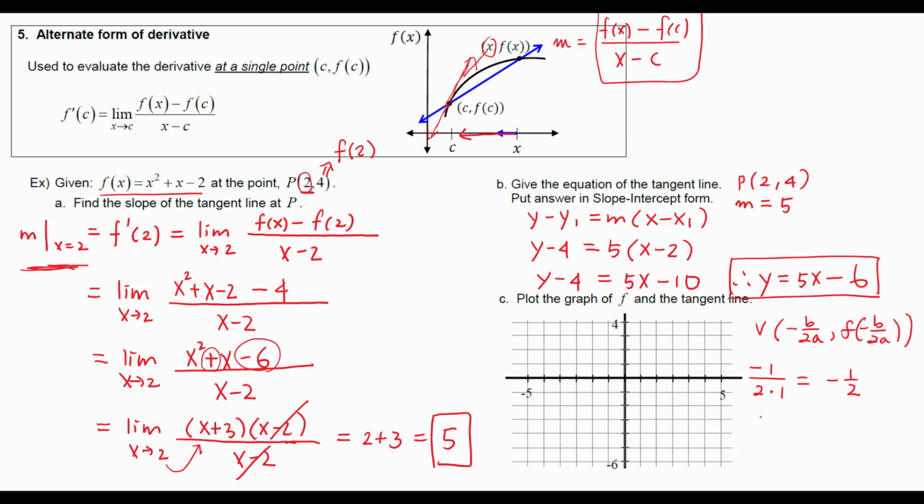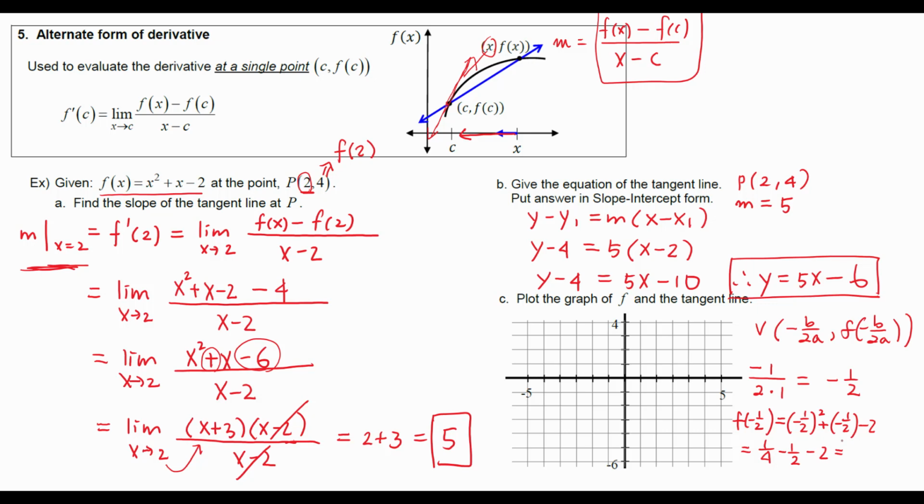My y value of the vertex is f of negative 1/2, which is negative 1/2 squared plus negative 1/2 minus 2, which equals 1/4 minus 1/2 minus 2.